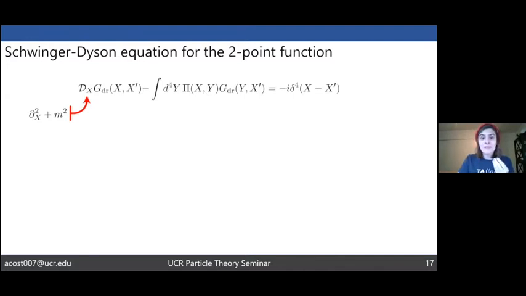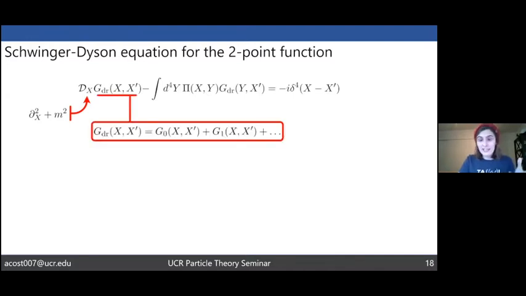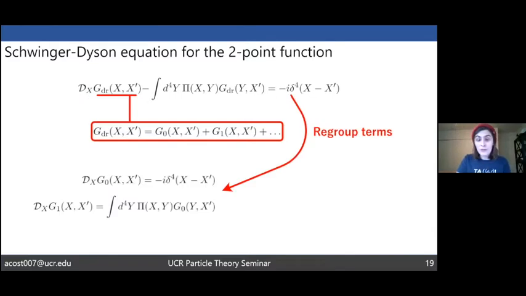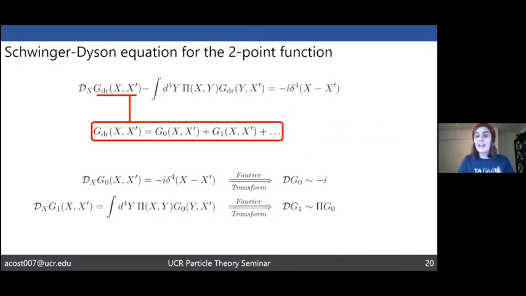To see this, you can write out the dressed propagator as G0 plus G1 plus so on. Regroup the terms. This is not super important, but just to show you in case you're interested. Regroup the terms as follows, Fourier transform, and then insert the first equation into the second, and you find that G1 equals G0 pi G0, which is very reminiscent of that second term that I said earlier with a single pi insertion.